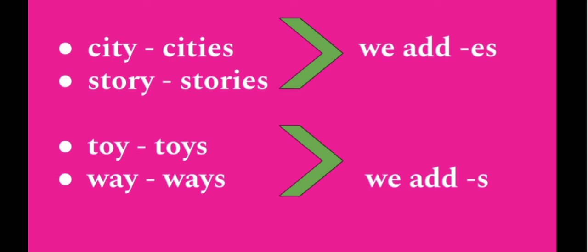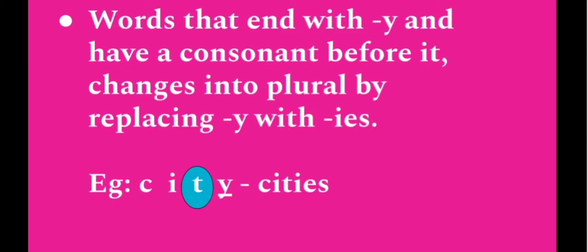In this word also the last letter is y, but to make it plural we add s. But there is something common in this, yes or no? All these four words are ending with the same letter y. But why do we add es for some words and s for some words? That's the question, and we are going to find the answer. So are you ready? Let's go into the answers.